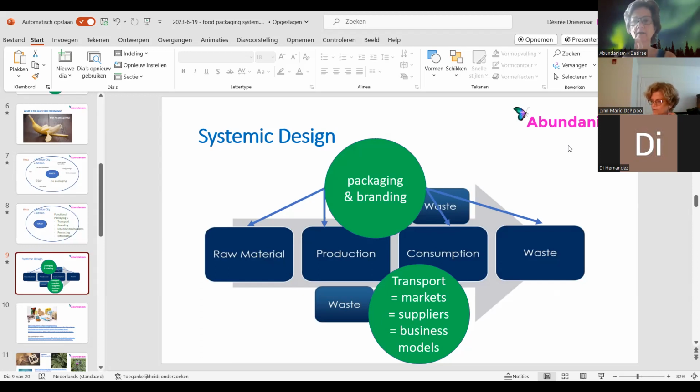I'm sorry, but when you're saying LCA, what are you talking about? The life cycle analysis. Oh. The life cycle analysis is what is used in Europe a lot to really see how well a certain product is doing in sustainability. So life cycle analysis has to do with the whole chain.